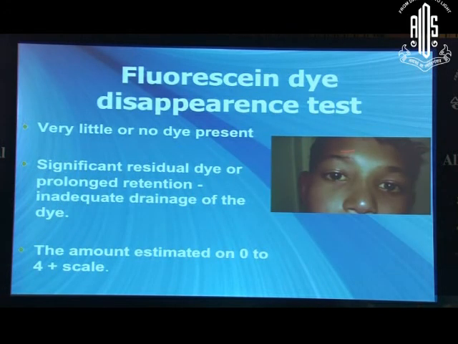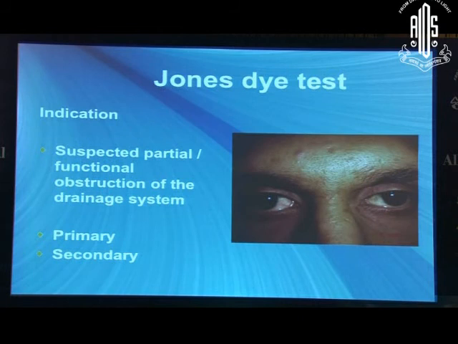So, when you put a little dye in the conjunctival sac and you find that the dye goes through normally, it disappears within 5 minutes, you know that possibly the tear function, the system is functioning well. This amount can be estimated on a 0 to 4 scale. If it does not disappear, if it remains there, then you know that you're possibly dealing with a drainage pathology.